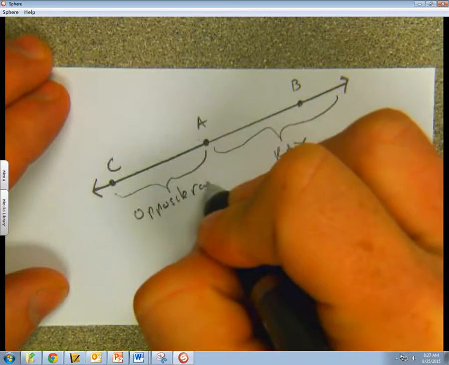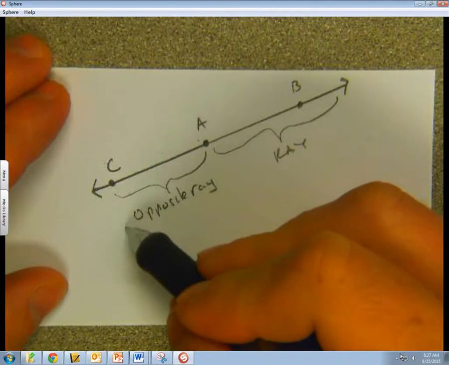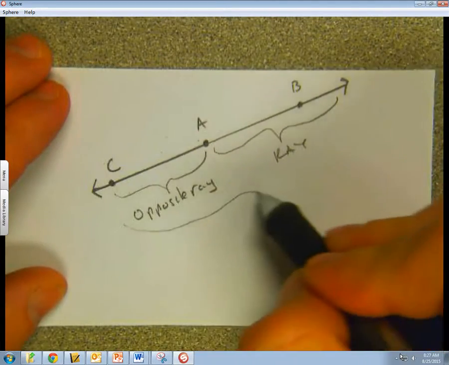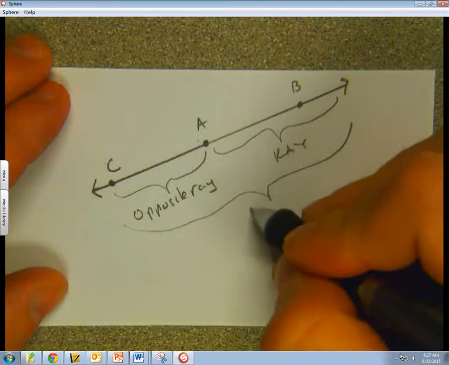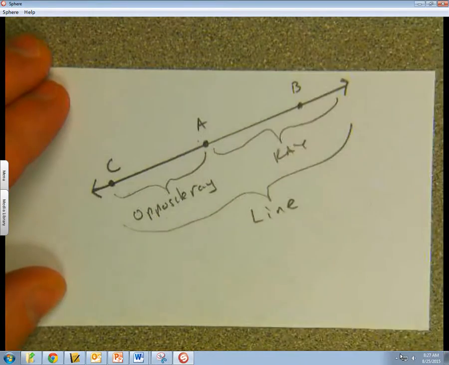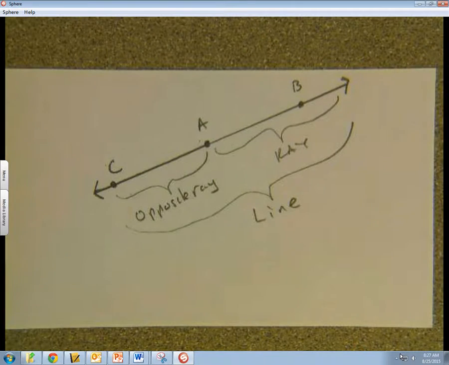And together I have a line, because it goes out in either direction. So opposite rays are gonna eventually get me a line.